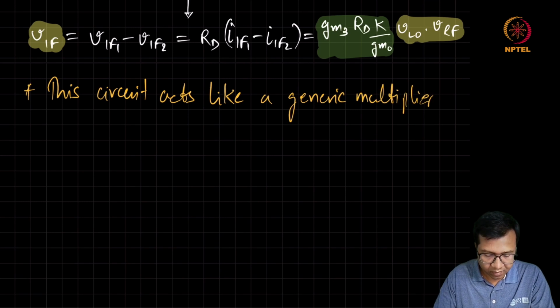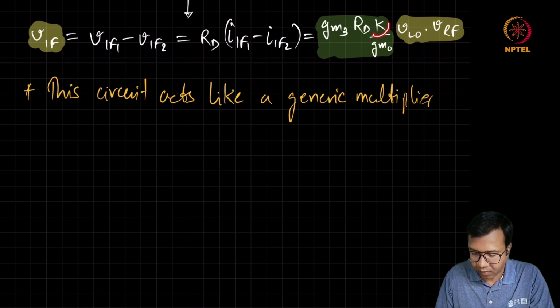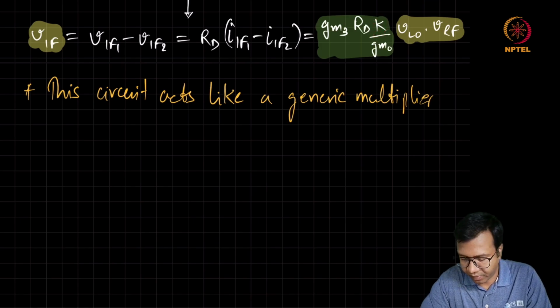So as long as, in our case, for example, these conductances and transconductances are acting in a linear manner, we can see that this circuit will be giving a generic multiplication operation.